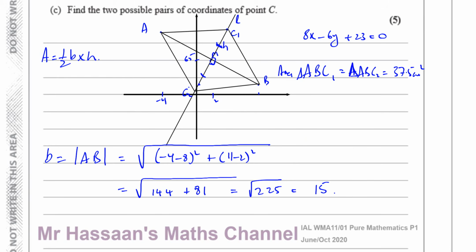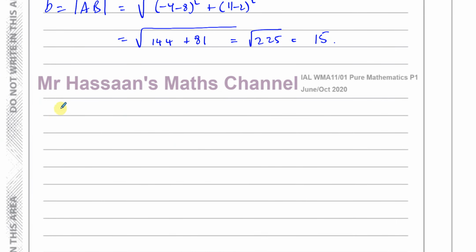So therefore we can say that the base of the triangle is 15. Therefore the area is a half times the base times the height. So we know 37.5 equals the base, which is 15, times the height divided by 2.